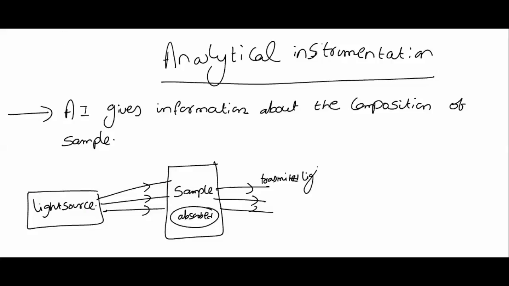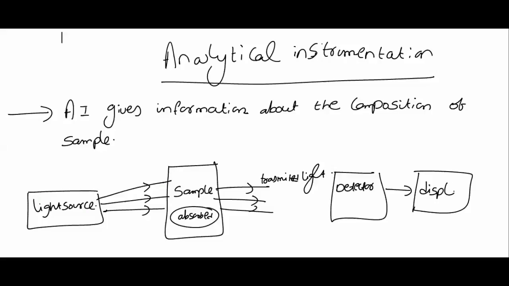Whatever light is transmitted should be detected by a detector, and whatever it detects should be displayed. This is known as analytical instrumentation.